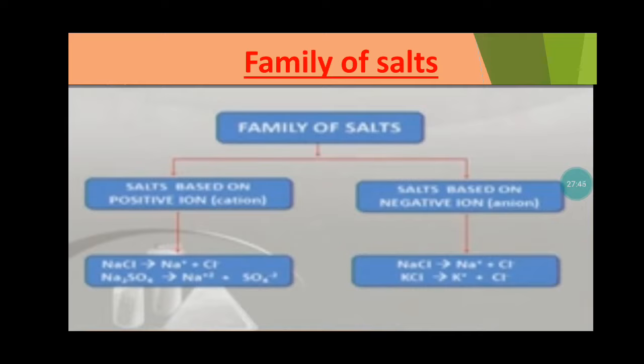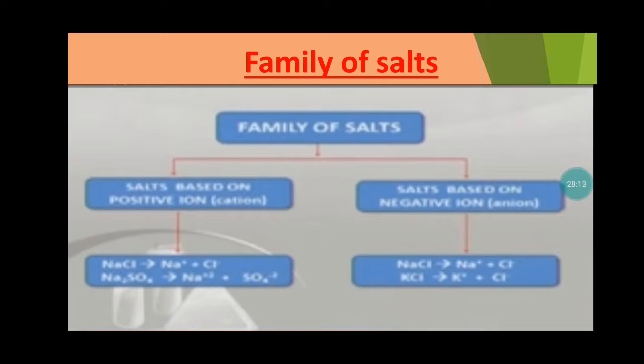Next, if you take KCl, it dissociates in water to form potassium ions and chloride ions. What is the cation here? It is the potassium ion. What is the anion here? It is the chloride ion. What is the common ion here? It is the chloride ion. Therefore, this salt is categorized as a chloride salt or anionic salt.